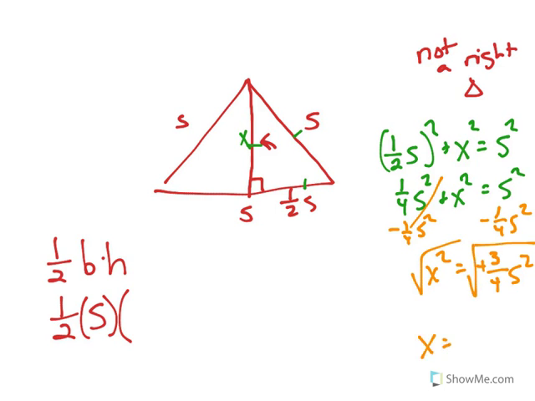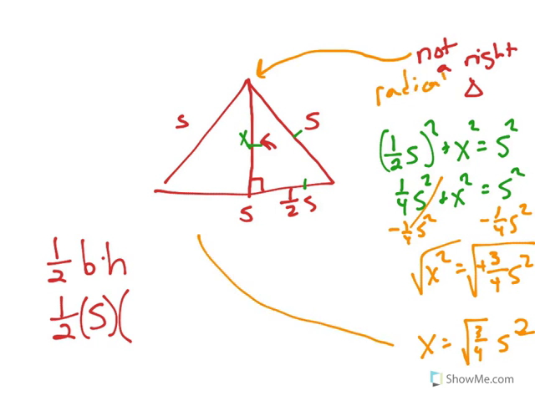X equals the square root of 3/4 times S squared. Why did I leave that one this way? Well, this one doesn't have a right angle in it, so it's a little different. So it's a radical one, but it had 3 S's, and that's why I used that equation to solve that one.